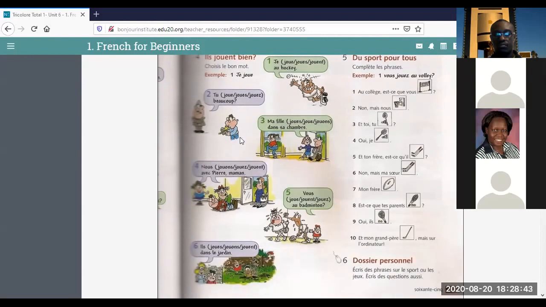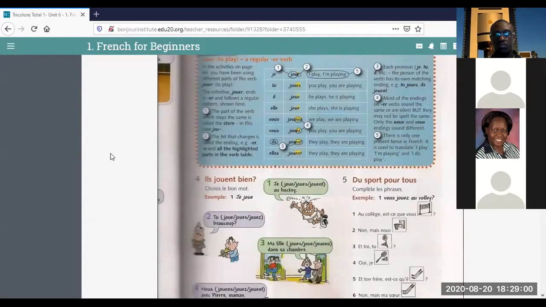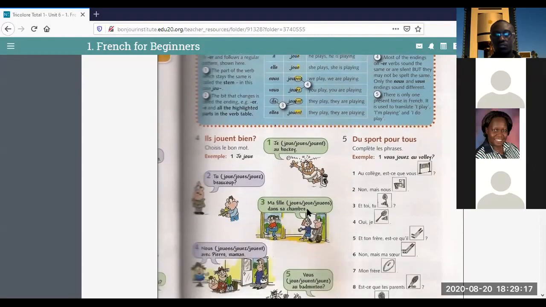Ma fille joue dans sa chambre. Très bien. So which joue? The second one, because whenever you see a person like ma fille, Marie, or Pierre, you pick the third person singular.